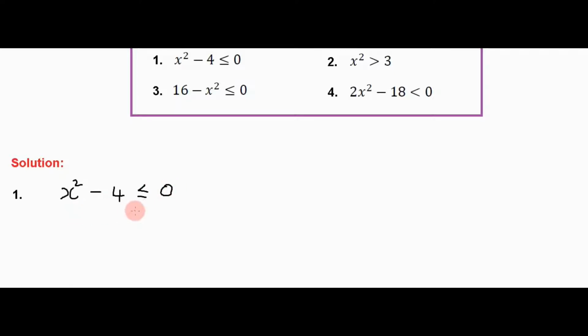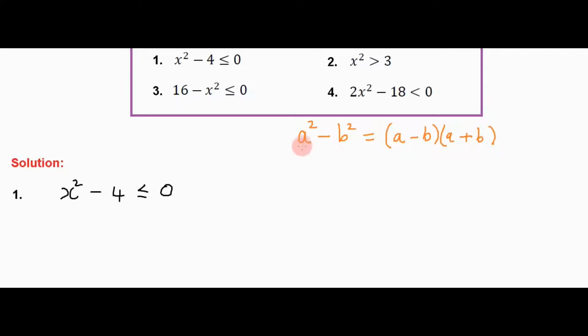Now, before we look at this, we just want to revisit a difference of squares. We know it's an expression in this form, a squared minus b squared. In other words, a perfect square minus a perfect square. And we know that to factorize this, it'll be a minus b times a plus b.